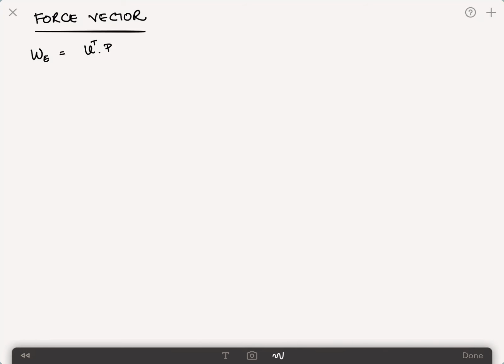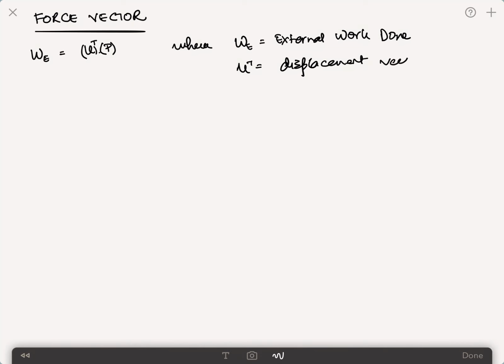So in vectorial notation, you have WE as the external work done, U transpose as the displacement vector transposed, and P as the load vector.